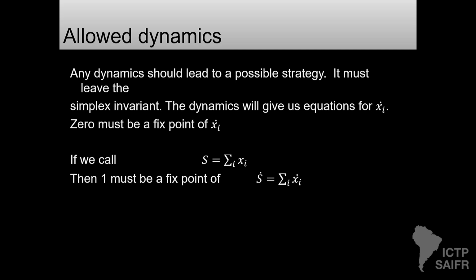Suppose that by a given dynamics, I am here and suddenly I am here. This is not allowed because this is not describing a correct strategy. So for a strategy to be a correct strategy, I should always remain within this simplex. If the dynamics is making me get out of that simplex, it is not a good dynamics. It's not that I can do whatever I want. I can propose different dynamics, but they should always keep me inside this simplex.